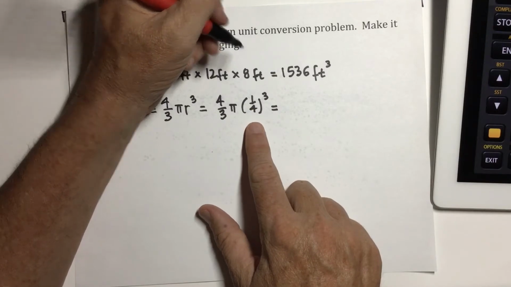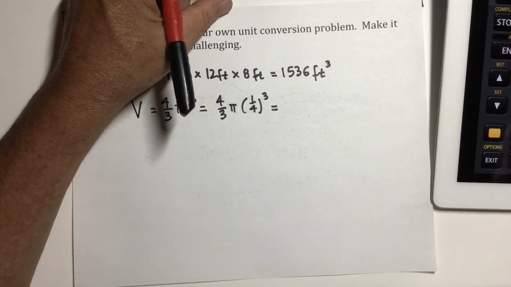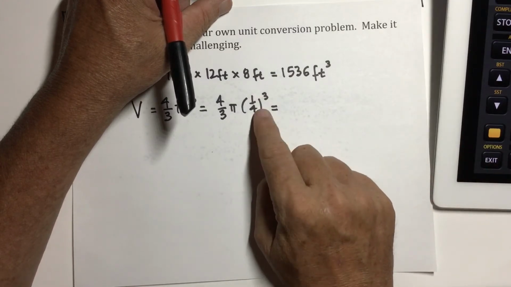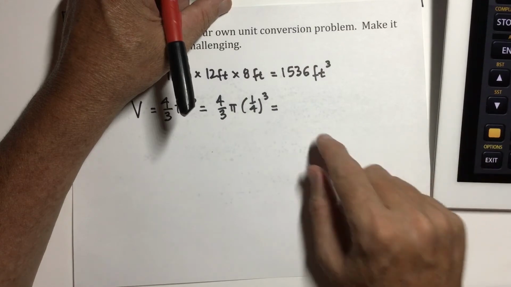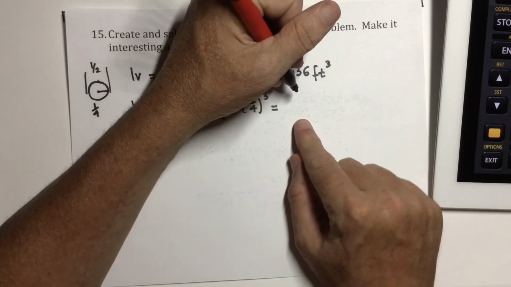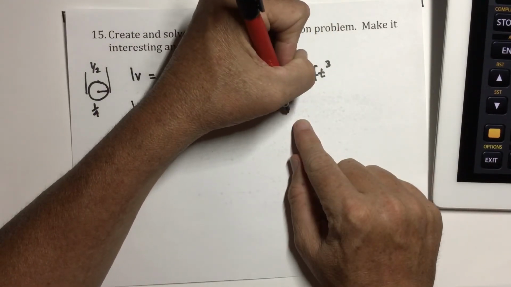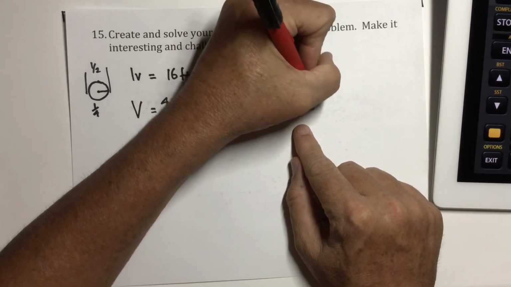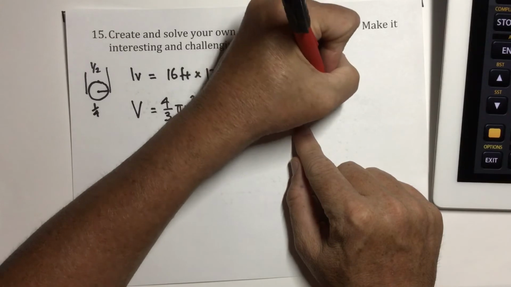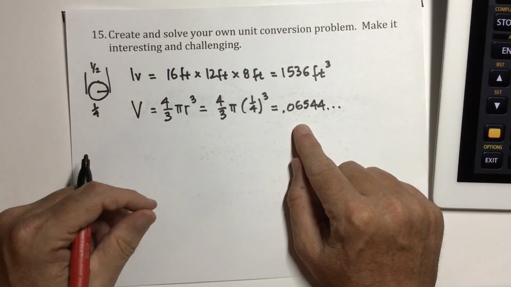1/4 cubed is just 1/64. So let's do that. Let's say 4 divided by 3, times pi, and multiply by 1/64, so that's just divided by 64. All right, that comes out to 0.0654, blah, blah, blah. Carries on and on.